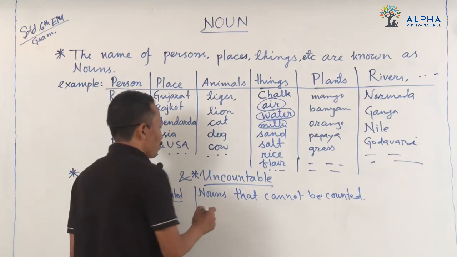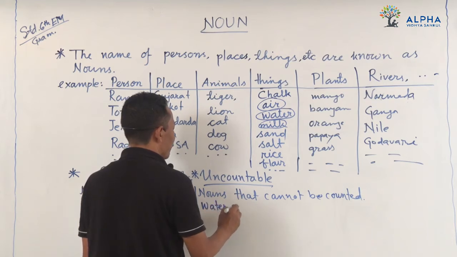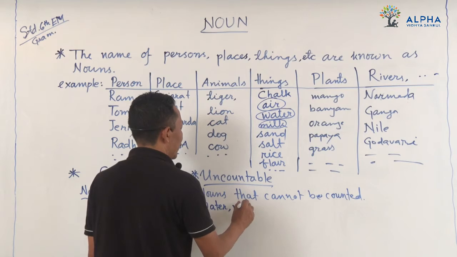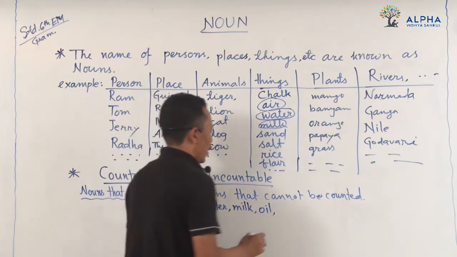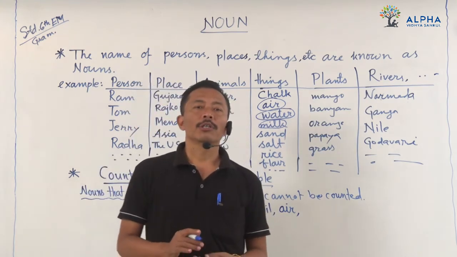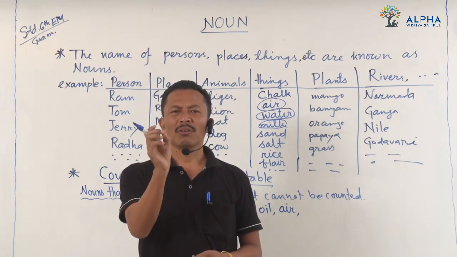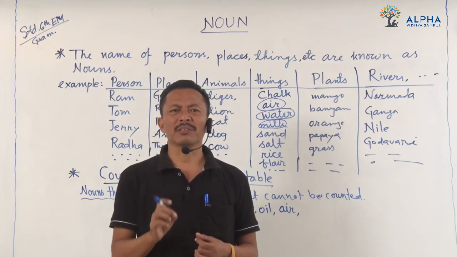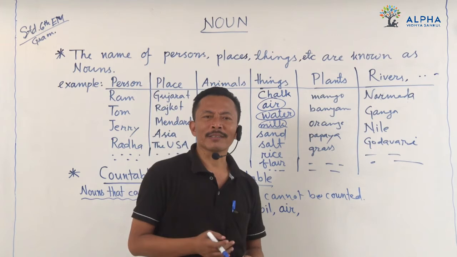Here, in this uncountable noun list, we will say water, milk, oil, next air, sand. If you go to the river or the seashore, you will see sand, small particles of stones. Who would count these things?